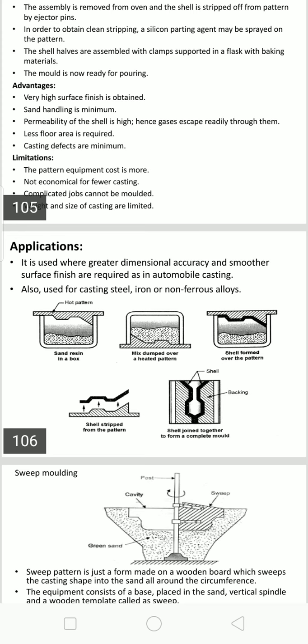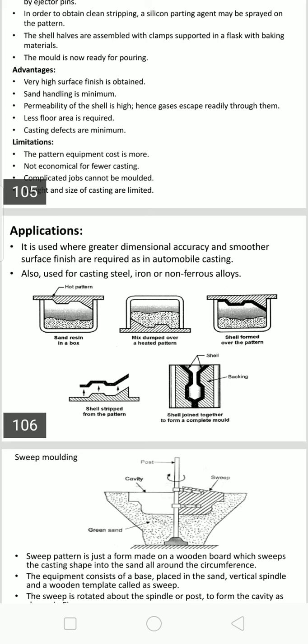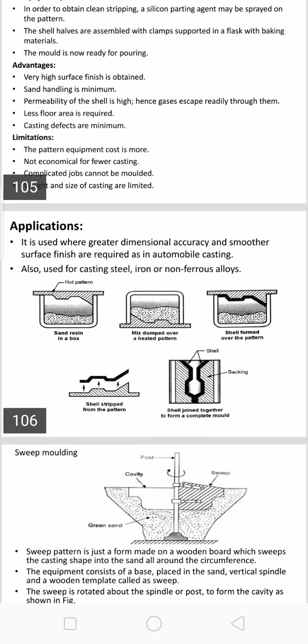The resin melts and in about 30 seconds the pattern will be coated with a shell of resin-bonded sand. The shell will be quite hard because of the thermosetting resin binders. The dump box is turned back to its original position so that the surplus sand mixture falls back into the bottom of the dump box, as shown in the third figure.